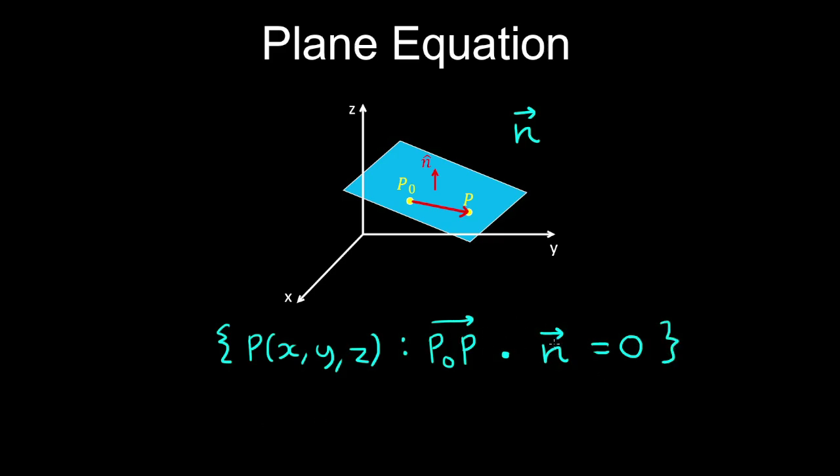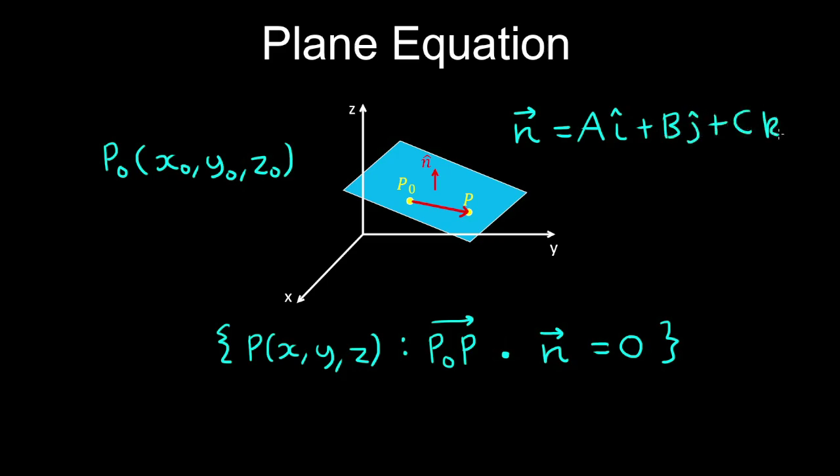So if we expand this dot product, where P0 has the coordinates x0, y0, and z0, and the normal vector can be written as a component A in the x direction, plus a component B in the y direction, plus a third component C in the z direction, then the vector from P0 to P has a first component, x minus x0, and we multiply it by the first component of the normal vector.